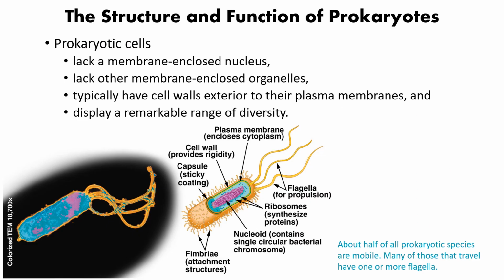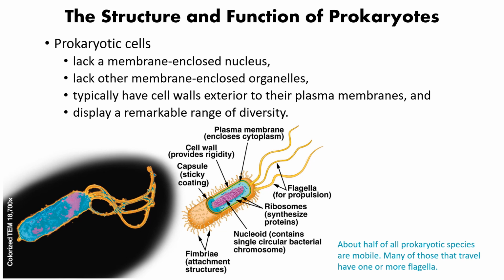Now, for the structure of prokaryotes, we've already talked a little bit about this, so it's important to just remember those main things: prokaryotes are not going to have membrane-bound organelles. They're not going to have a nucleus. They do have a plasma membrane, and they usually are going to have a cell wall around the plasma membrane.